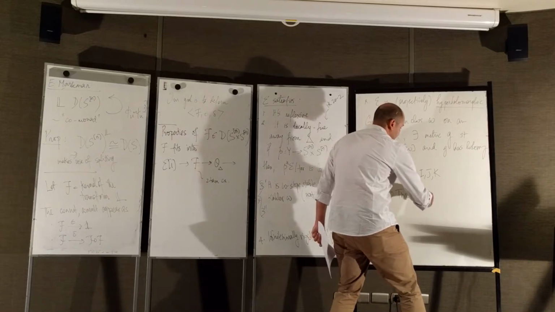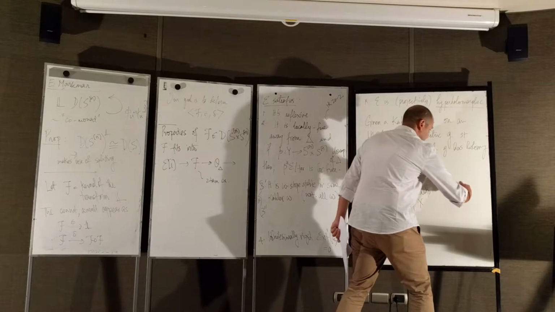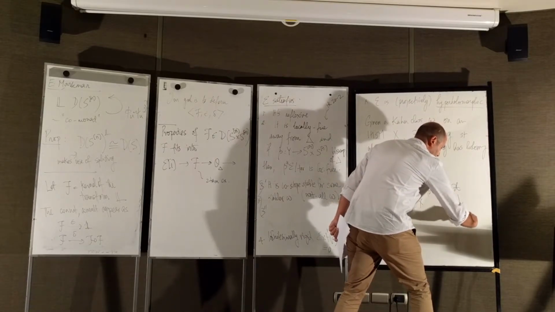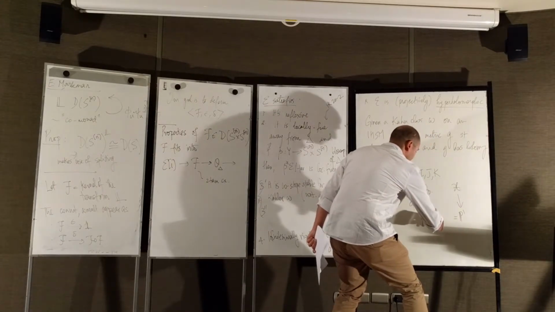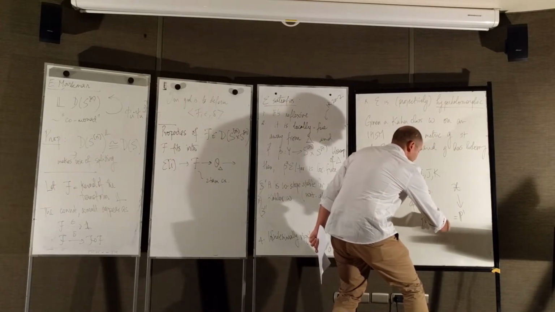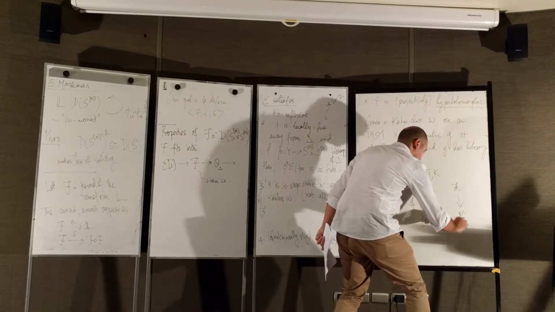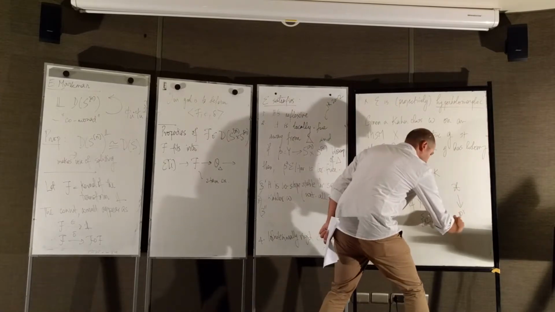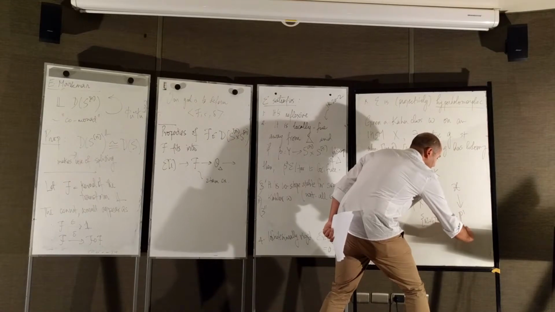This is a global deformation of X. There's a family over P1. This P1 is just the sphere of these complex structures, and above every point is the corresponding complex structure.